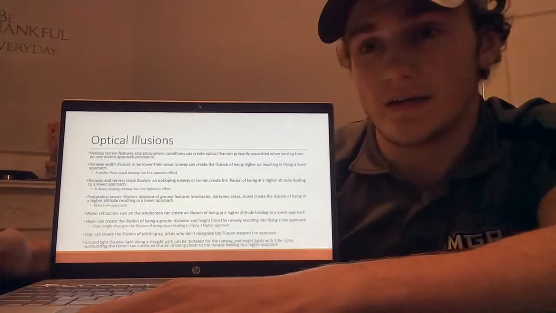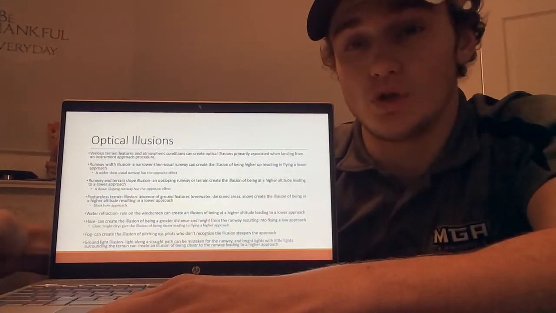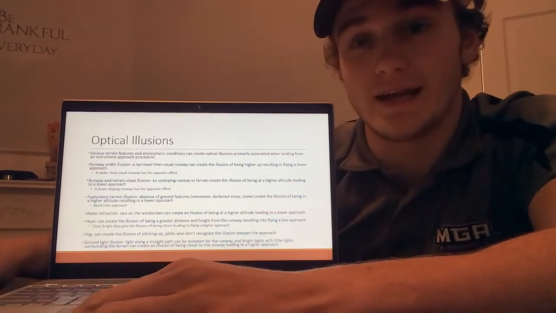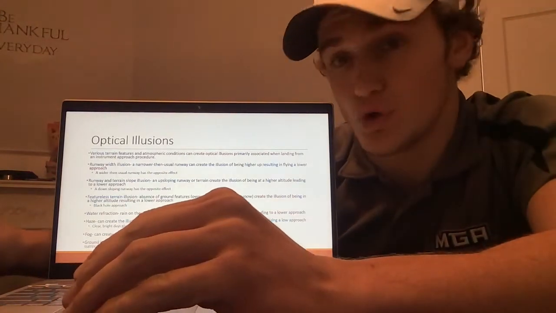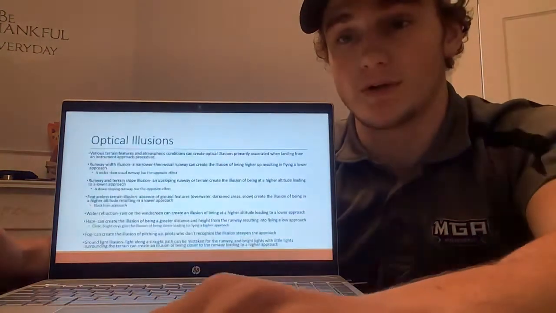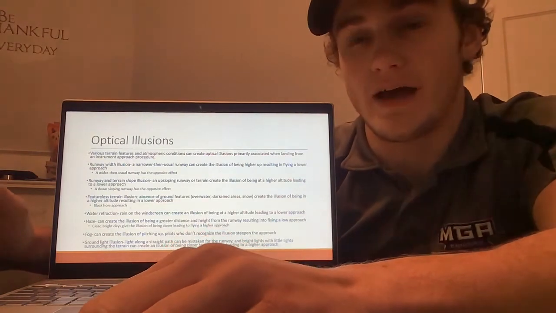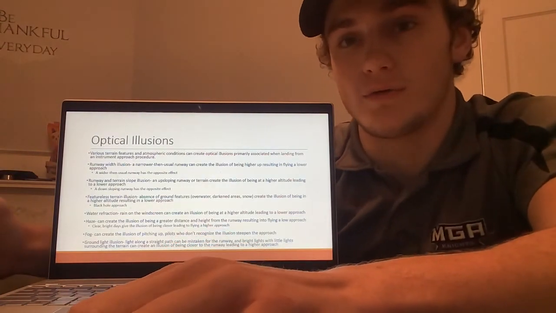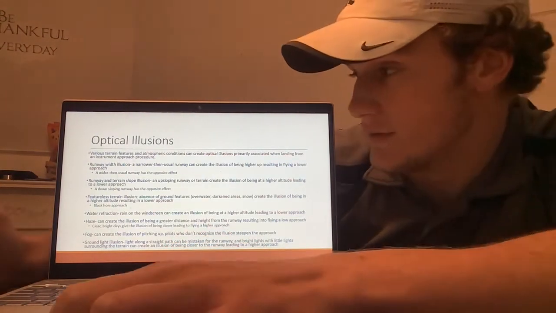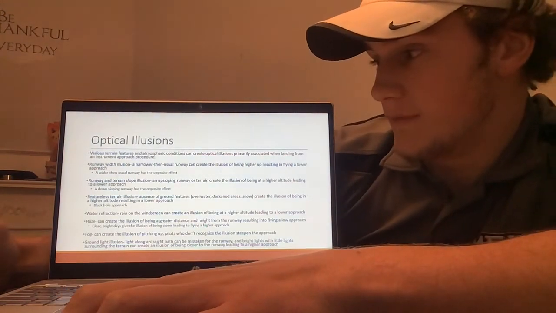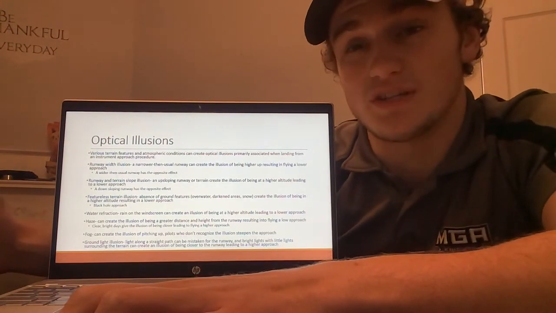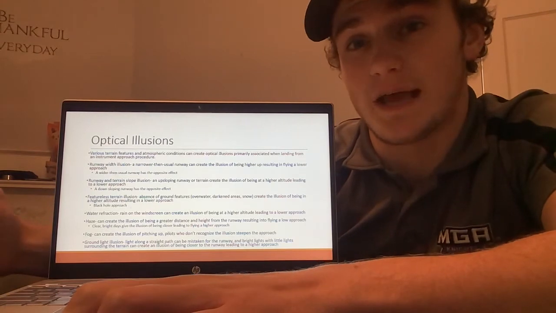The next ones are illusions that occur when you're flying in IMC, flying with instruments, mostly during your landing phase after conducting an instrument approach procedure. Because of how the runway is, or how the other geographic or atmospheric conditions around the airport are, they can create these types of illusions.